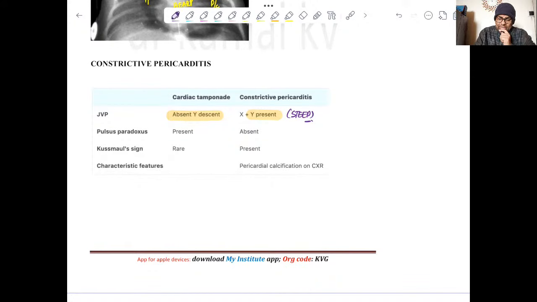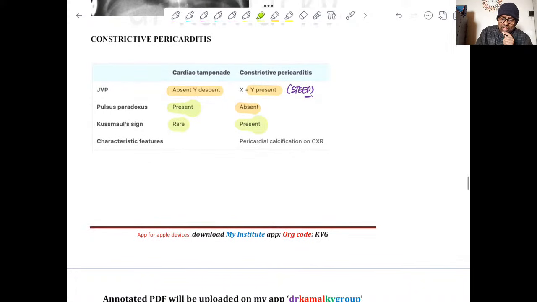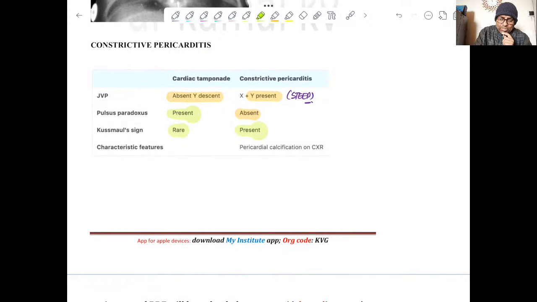Then second is pulsus paradoxus, which is present in cardiac tamponade but absent in constrictive pericarditis, right? Then third is Kussmaul sign, which is present in constrictive pericarditis but not seen in cardiac tamponade, clear. So these are three important points which one should know by heart.